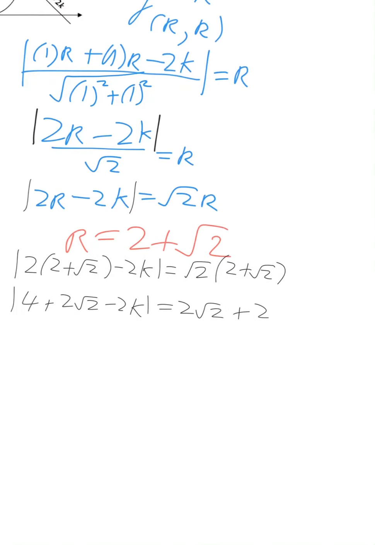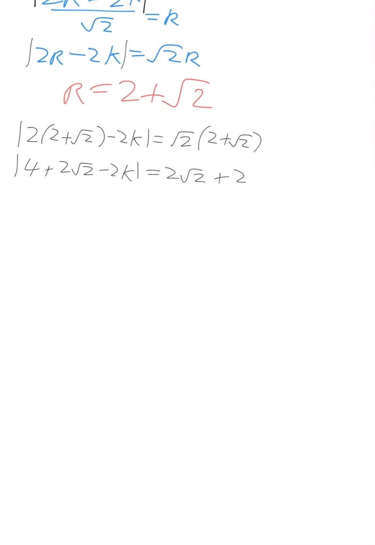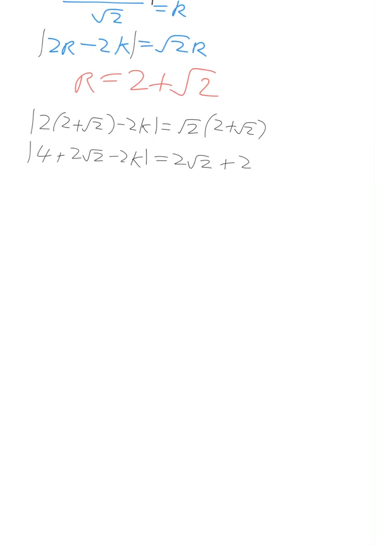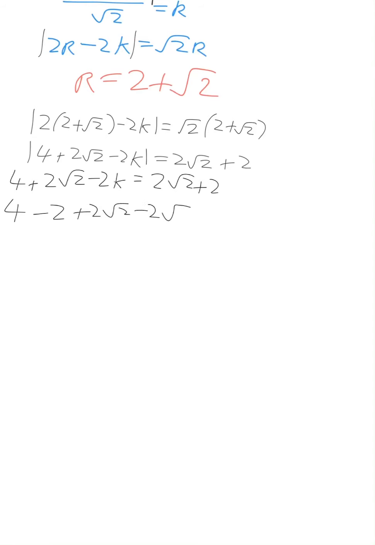Now with the modulus sign, what I'm going to do is 4 plus 2 root 2 minus 2k is equal to 2 root 2 plus 2, as if I'm solving a normal equation. So doing that, I will have 4 minus 2 plus 2 root 2 minus 2 root 2 is equal to 2k.